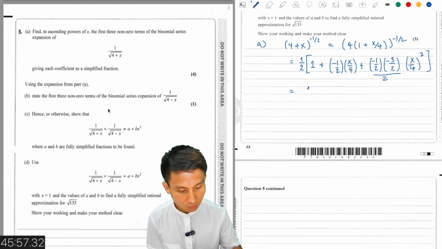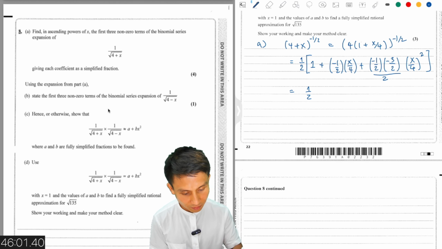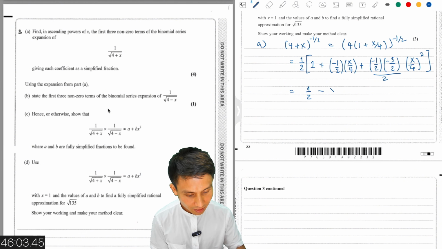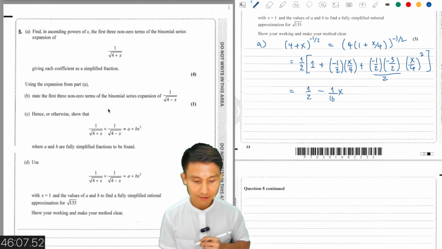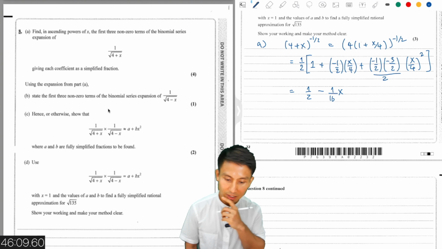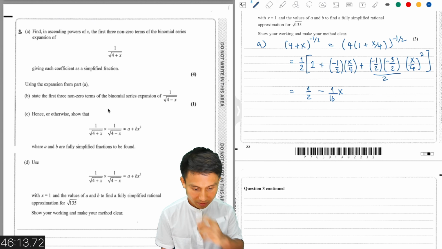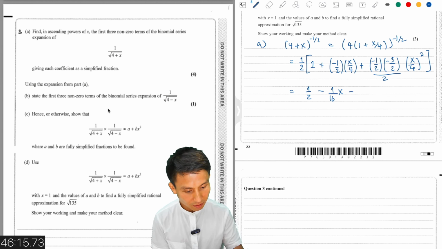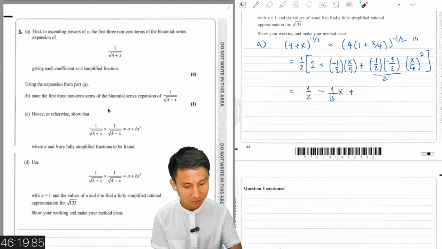Okay, so this is 1 over 2 first. 1 over 2 expanding into the second term, we get minus x. So it's just 1 over 16 x, yeah? Just as a simplified fraction there. And then plus here. So, okay, what do we have? We have 2 negatives here, so they're going to cancel. Good.